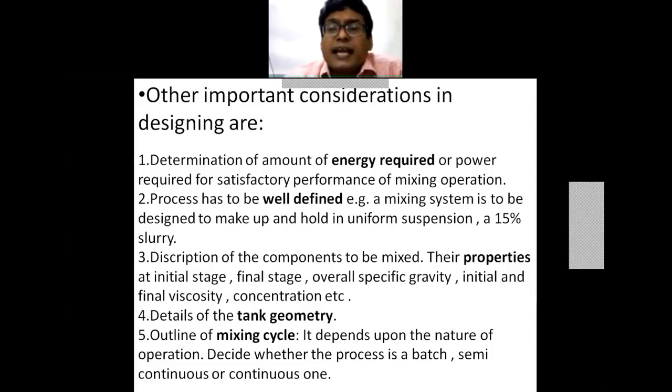Then the details of the tank geometry are also very much essential, and the L by D ratios are also needed. The outline of a mixing cycle depends upon the nature of operation, and whether the process is a batch operation, semi-batch, or continuous one. That means depending on the type of operation, the mixing cycle is going to vary.